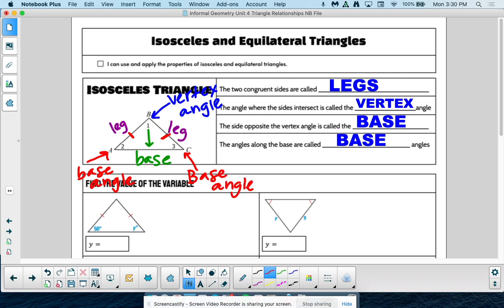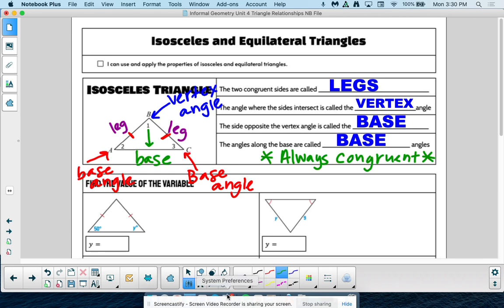And maybe in this space right here, will you put a star and write they're always congruent. They're always going to be the same measure. And the reason for that is because they're across from our two equal sides. So really, I just gave you a ton of information in that little bit of notes.